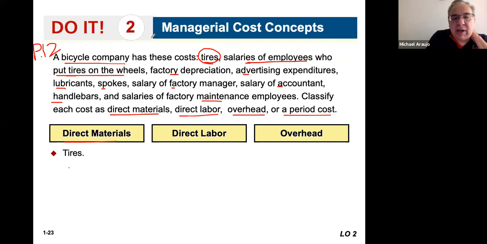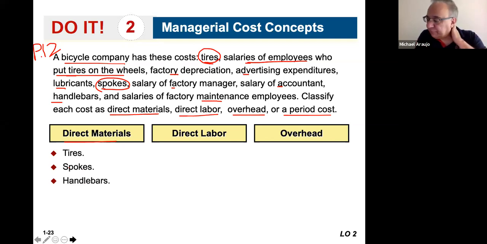The spokes are definitely part of the direct materials as well, and there's another one, the handlebars. So these are the actual direct materials: the tires, the spokes, the handlebars.